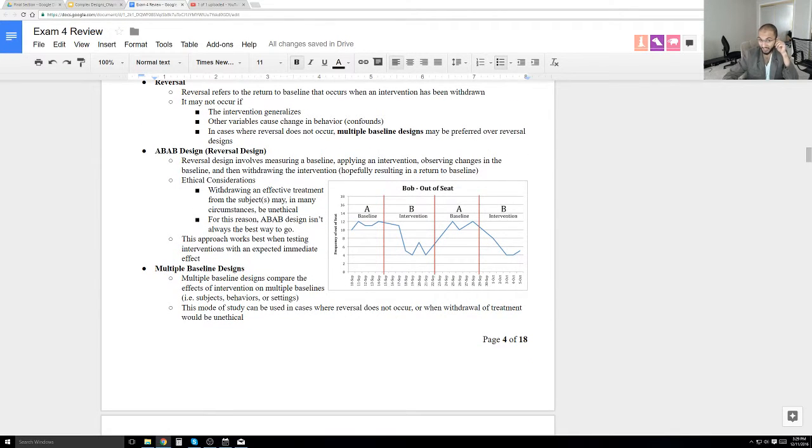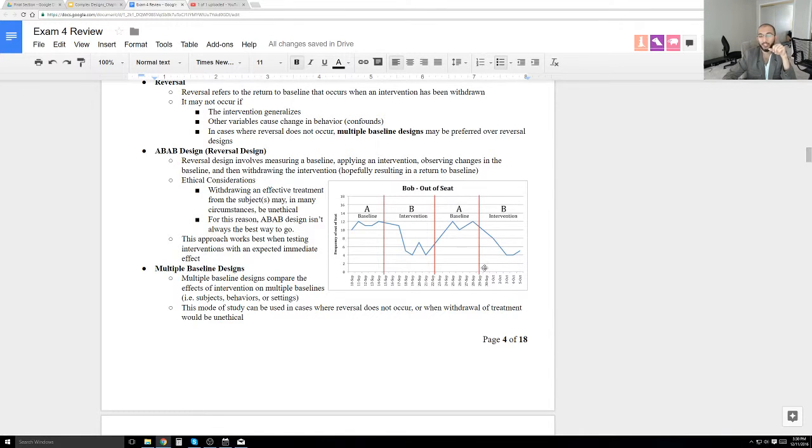Now, there's a specific type of single case research called an AB design or a reversal design. They're synonymous. This involves measuring a baseline, as in A, applying an intervention, as in B, and observing the changes in the baseline, and then withdrawing the intervention and observing the return to baseline, as we see in A. This is exactly what an AB research design looks like.